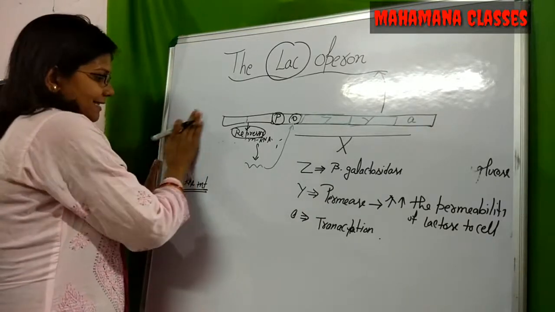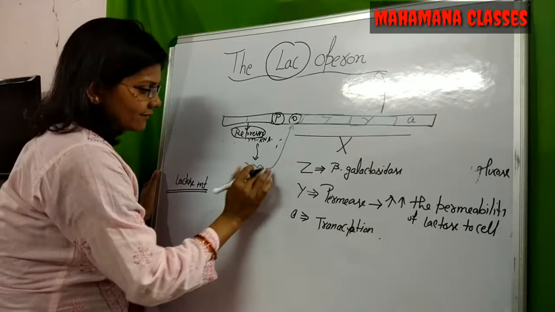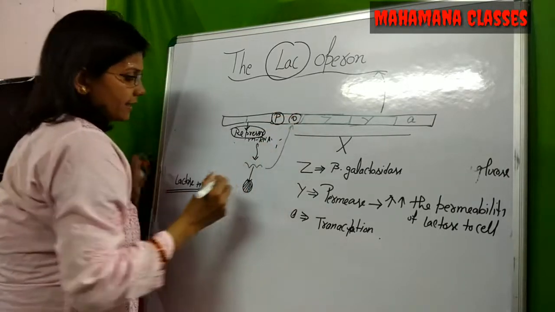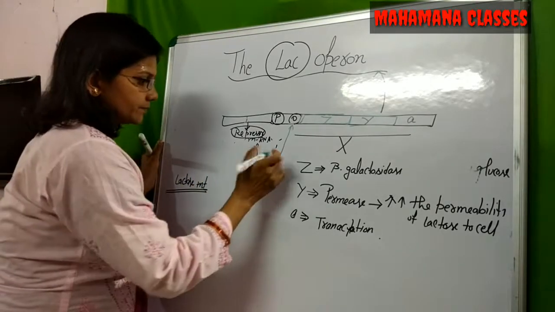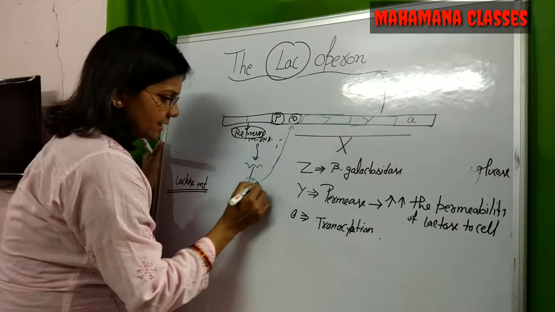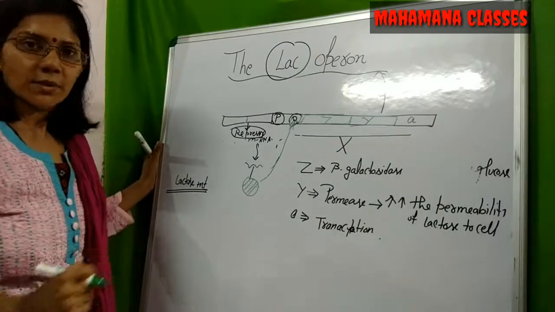no, just erase this and discuss it. It will form a protein, and let me draw this. It is your protein and it will bind to this, and the whole process is going to stop.